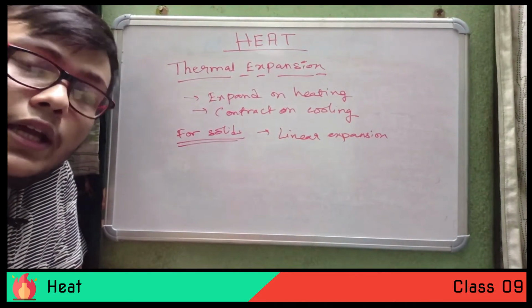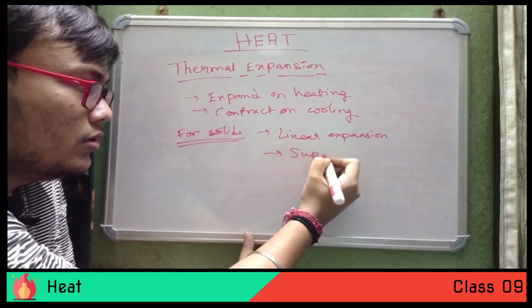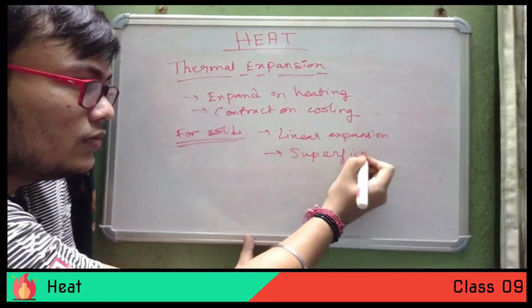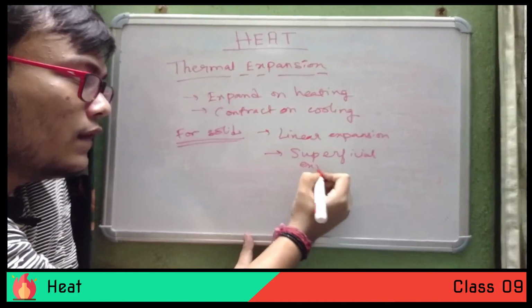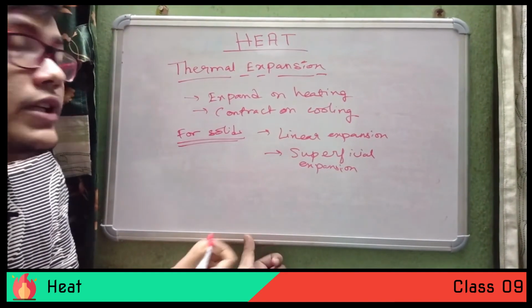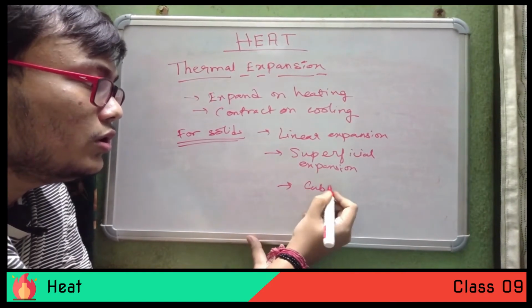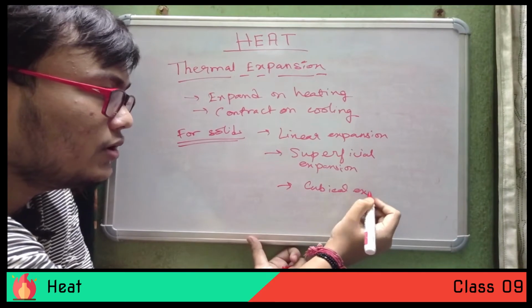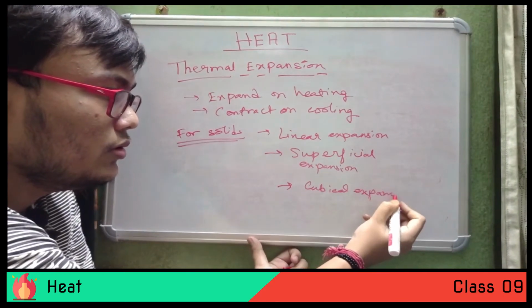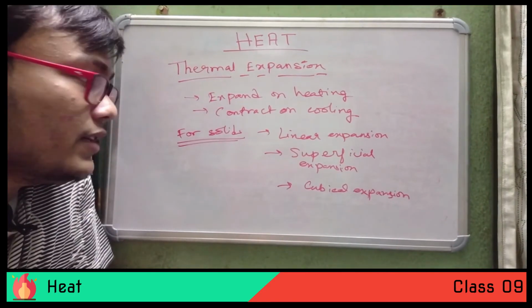If there is an increase in the area, it is known as superficial expansion. And if there is an increase in the volume, it is known as cubical expansion. These three types of expansion take place in solids.